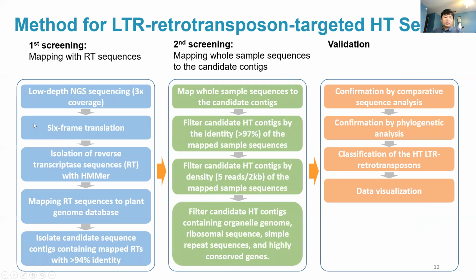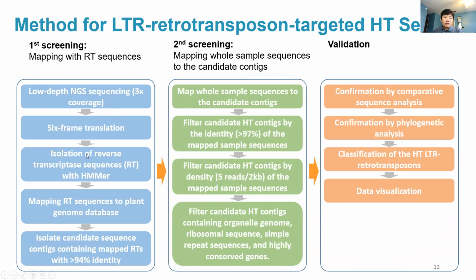This slide shows the detailed method for the LTR-retrotransposon targeted horizontal transfer investigation. In the first screening, the low-depth NGS sequencing was performed with 19 panicoid species at 3x coverage of the genome sizes. The sample sequences were then translated into 6-frame amino acid sequences.